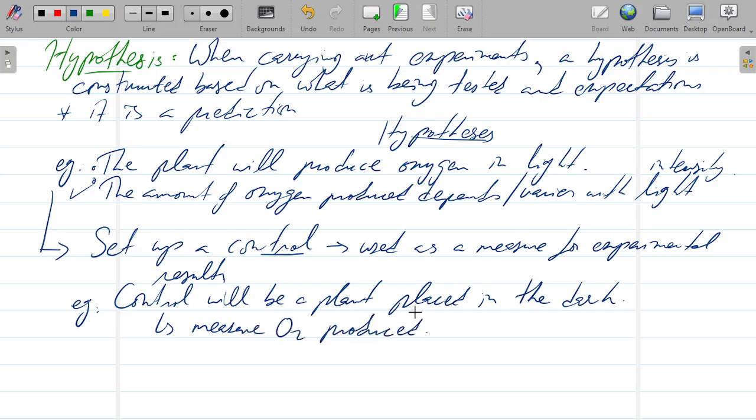And so theoretically, it will not produce any oxygen. And so that is the control. And then what you do is that you give light and you see whether oxygen is being produced. And so, okay, fine. So that was my hypothesis. Now, whether or not we know it is going to happen, because all of this has already been done. But if you are conducting a novel experiment, you're trying to look at something new.